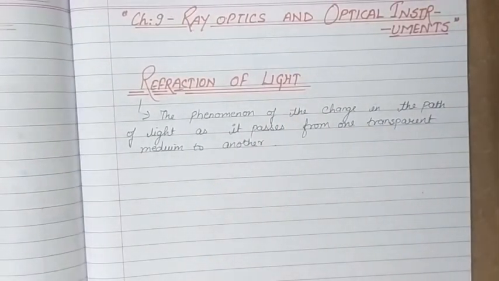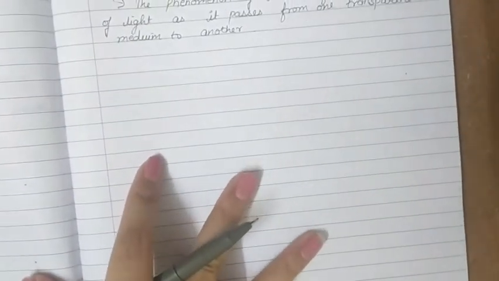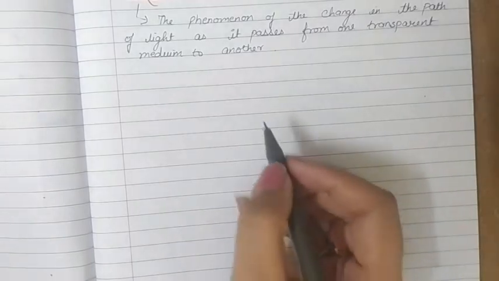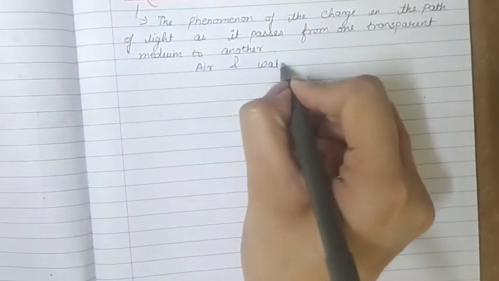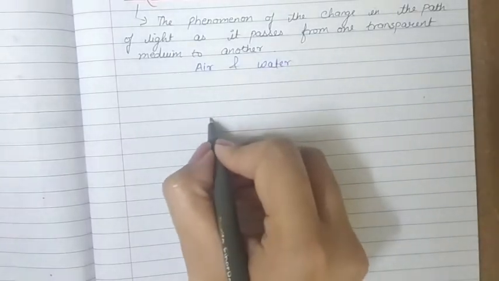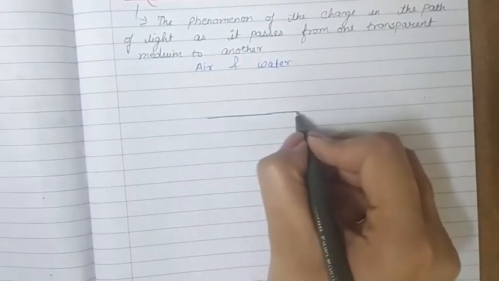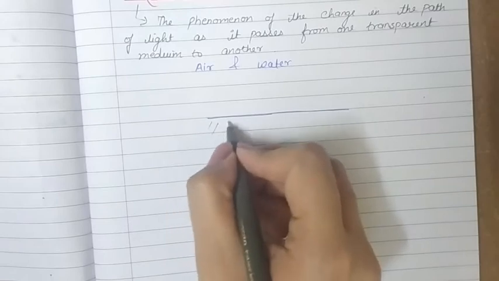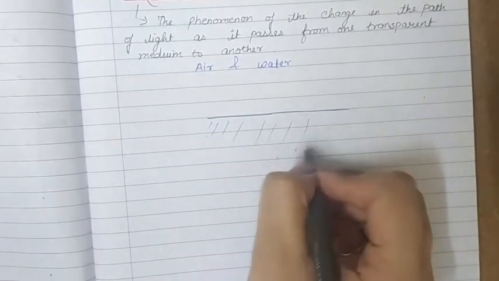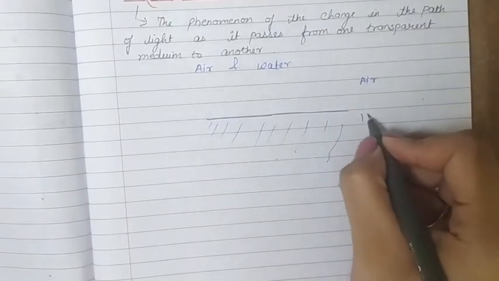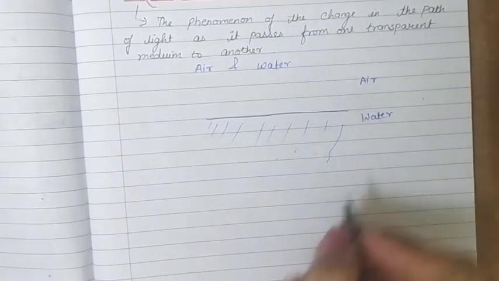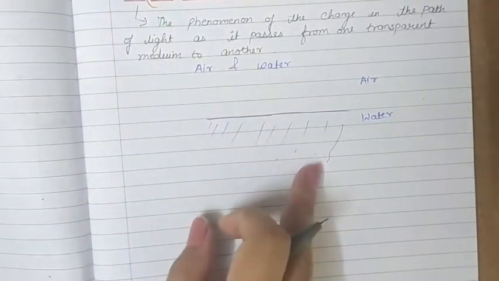Now this can be shown by a diagram. For example, we have a system of two media, and these media are air and water, and this is the interface between the two. Light is traveling from air to water.